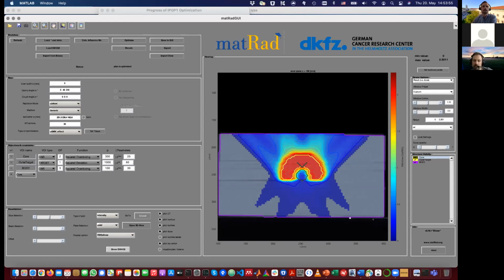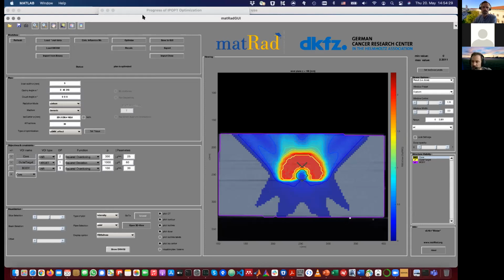Yes. Okay. Because what you always have to consider, biological optimization, at least as it is implemented in MATRAT, does not evaluate the model on the fly during every optimization run, during every iteration. So what it does is that it creates these pre-computed matrices similar to this dose influence matrix. You now have an alpha dose matrix and a square root beta dose matrix.